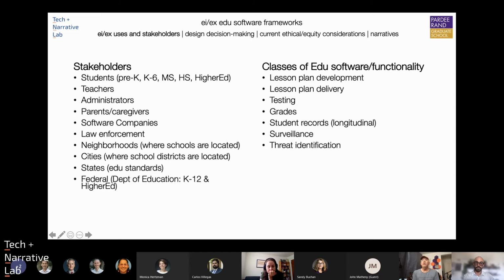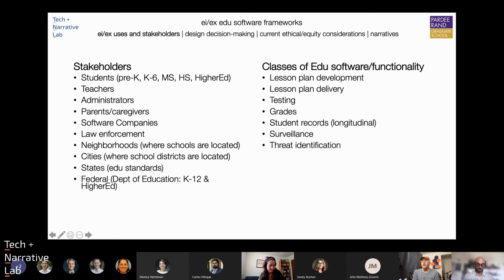It expands out to the school administration, then to the school districts, and we mapped all the way up to state and federal, because if the software is involved in assessing and tracking a student, these are all of the various stakeholders that have some sort of interest in the performance of the students, and then potentially tracking what the students are doing and what they're thinking, which is a whole other Orwellian problem.